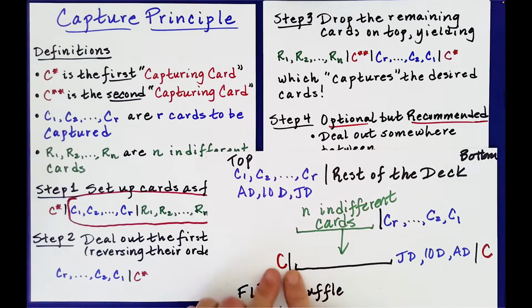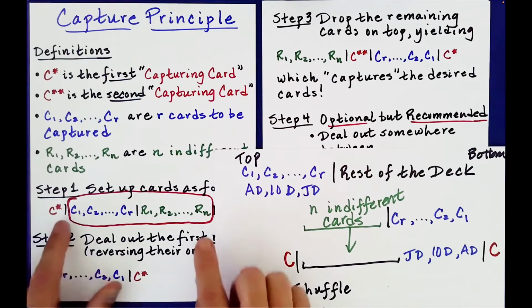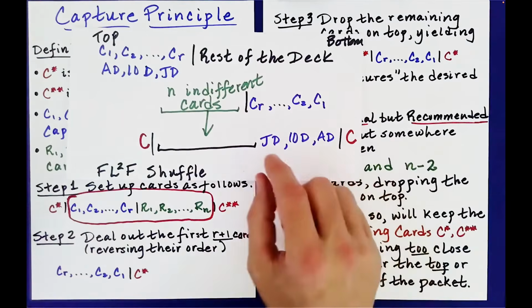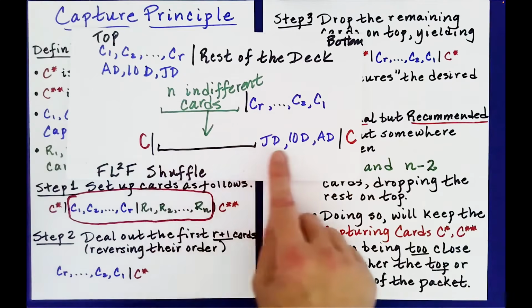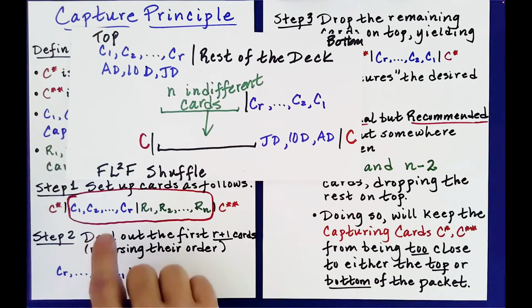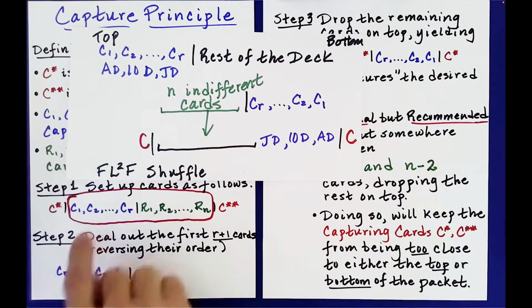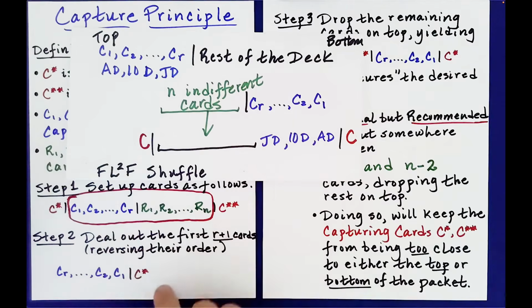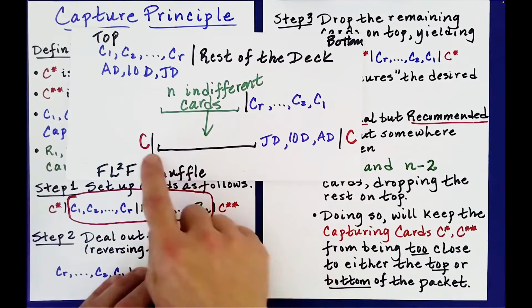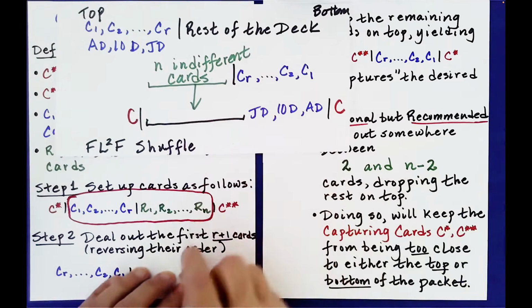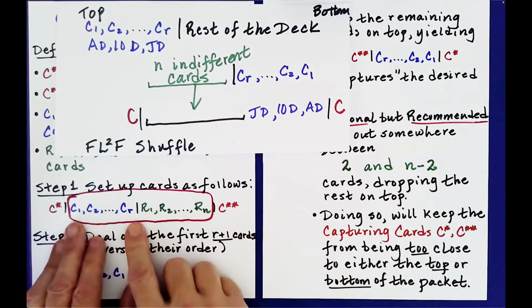Because reversing the order of these cards puts us exactly in the situation in step 1. So what this means then is once we reverse the order of all of these, we are now in the important position we need to be in for the capture principle to work its magic.